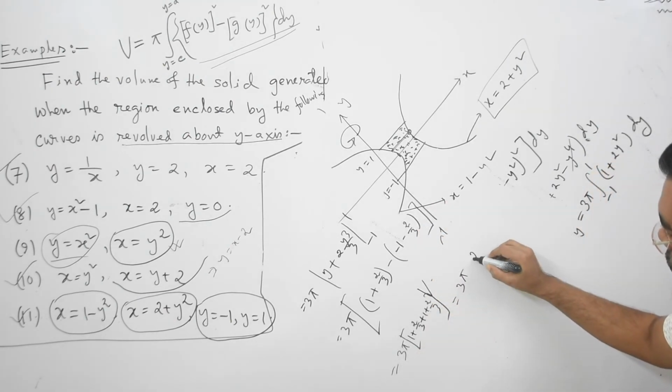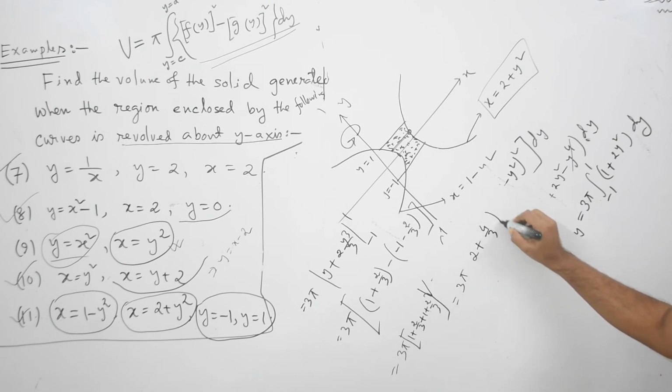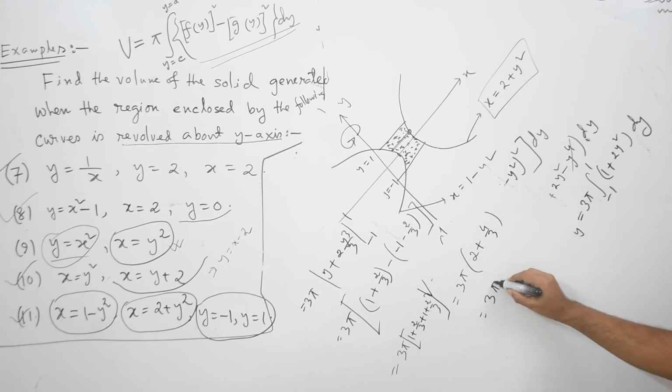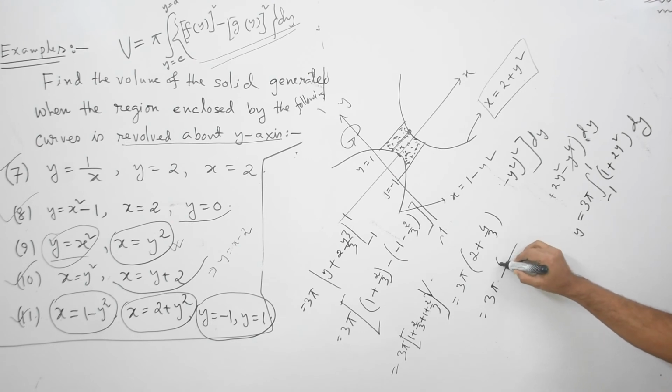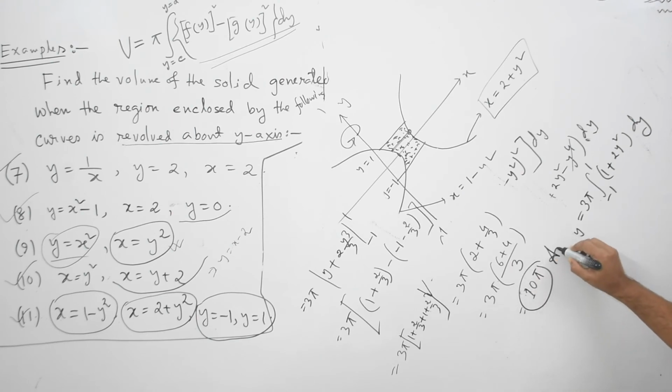So 3 pi times 2 plus 4 by 3, which is equal to 3 pi times 6 plus 4 over 3, and this equals 10 pi. So 10 pi is the volume.